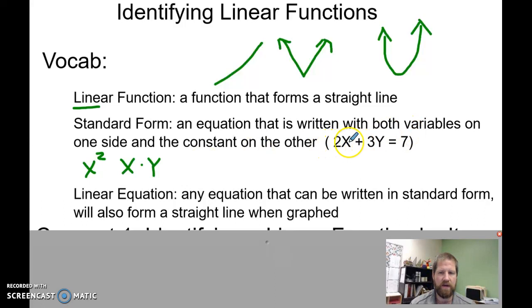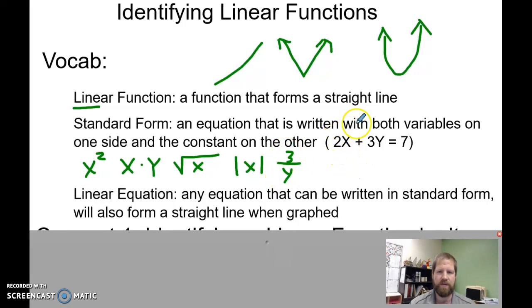You could have like a negative 2x or a 2x minus 3y, but they can't be multiplied or divided by each other. They can't have a radical, so it can't be a square root of x or an absolute value. Okay, your variable, either variable, can't be in the denominator of a fraction.